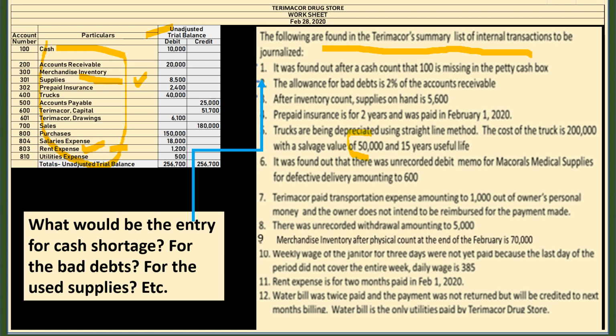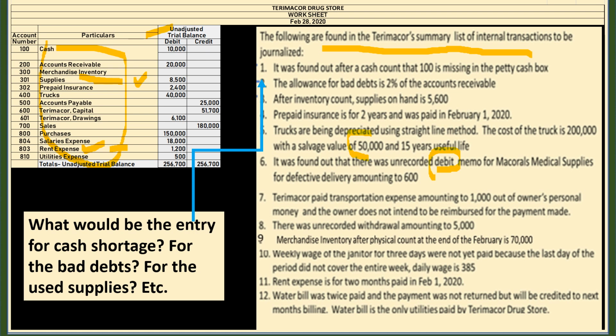It was found out, number 6 will be, that there was an unrecorded debit memo for Mackerel's medical supplies for the defective delivery amounting to 600. So, since this is a debit memo, it is an accounts payable.